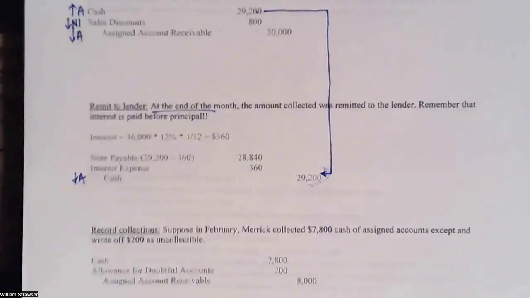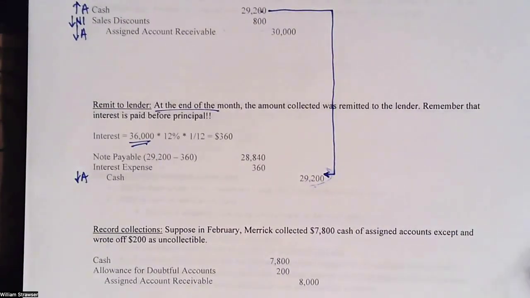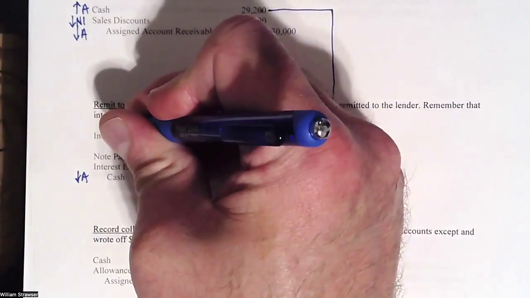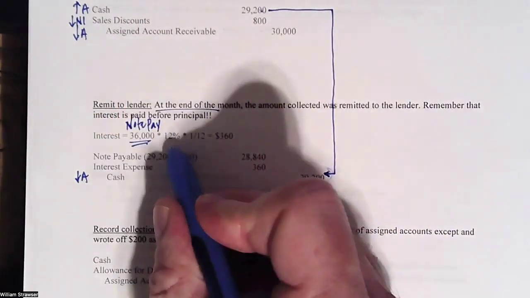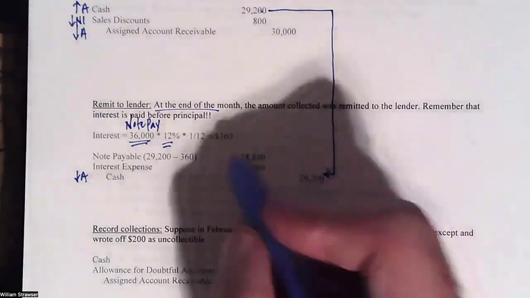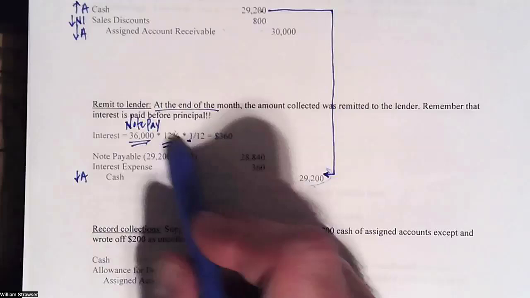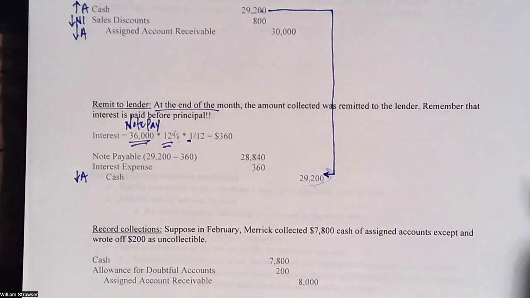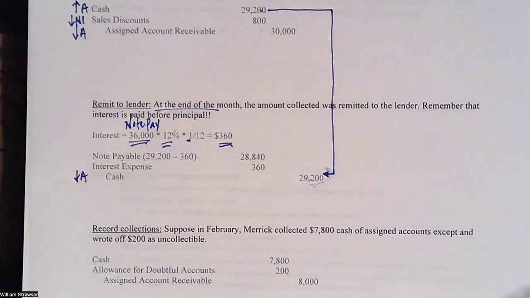So to calculate the amount of interest, I take the amount of the loan, which was $36,000. That's in my note payable account. I apply the annual rate, but then I acknowledge the fact that only 1 month has passed of the 12 that represent the 12%. That gives me interest expense of $360.